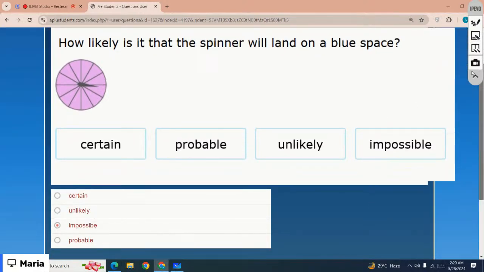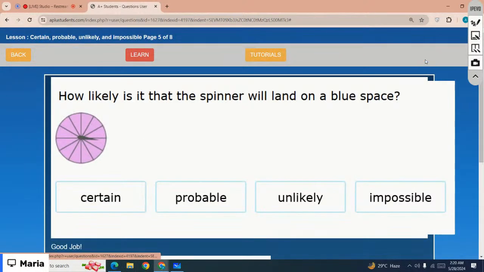So whenever you spin, it is impossible to land on blue color. So the correct option is impossible.